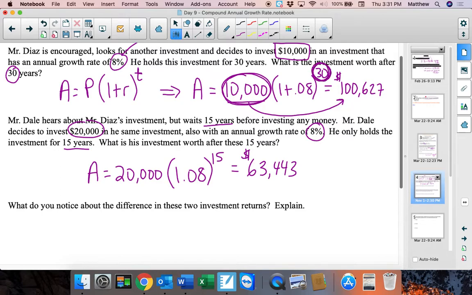He got to compound that return for 30 years, whereas Mr. Dale invested more to begin with, but he waited these 15 years, so he only had 15 years of compounding. All right, so this idea of compounding annual growth, the more time you have, the 30 years is going to be a more powerful effect than the 15 years for Mr. Dale.